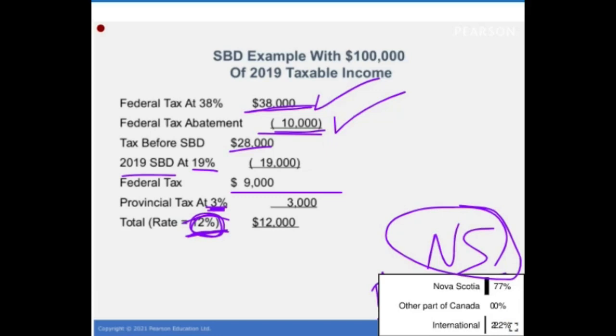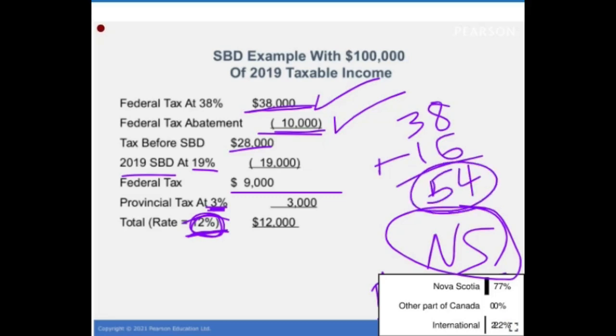You'll notice this 38 federal plus the high 16 would be 54% in theory, if you did not qualify and did not earn the income in a province and all of these other things. That would be the worst case scenario. But over here, small business income earned through a corporation in Nova Scotia will initially be taxed at a corporate 12%.